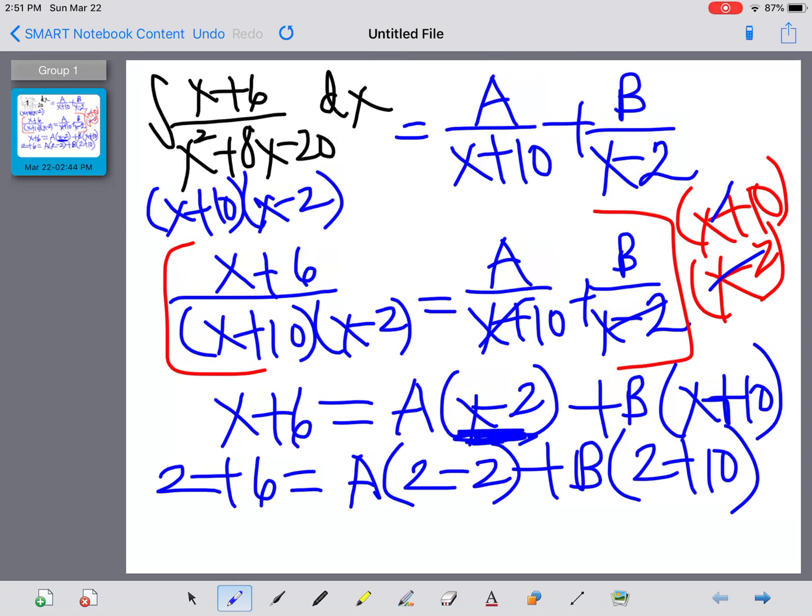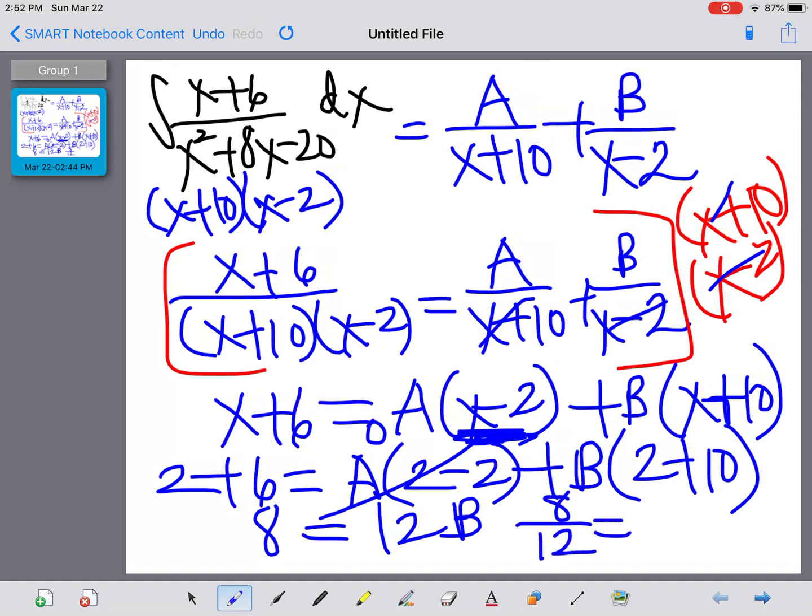Now in the middle, the 2 minus 2 goes to 0, so that middle part disappears. And we have 8 equal to 12B. Divide both sides by 12, and we get 8 over 12, which reduces to 2/3 for B.